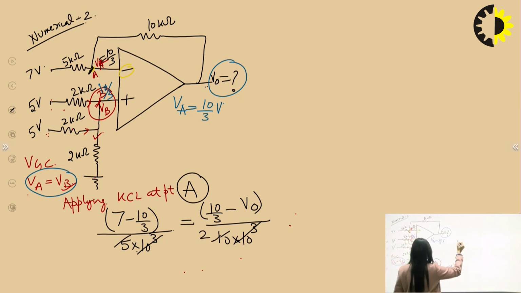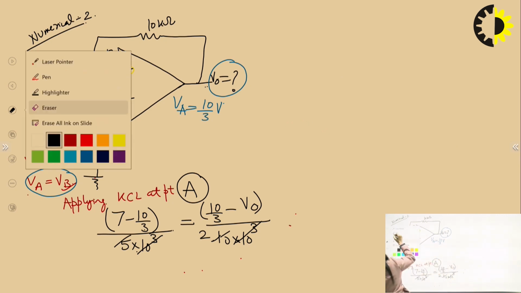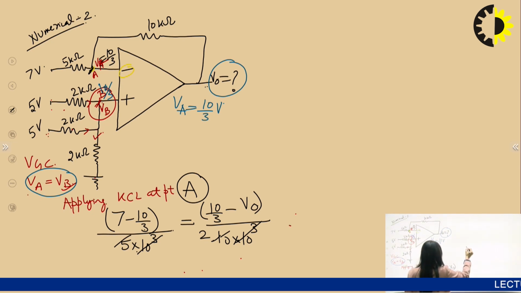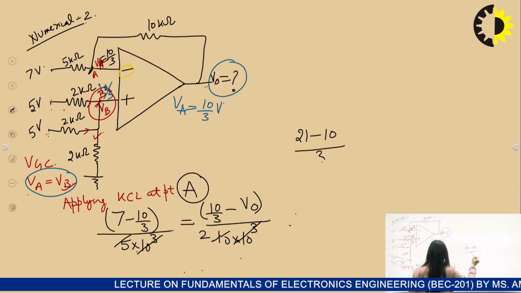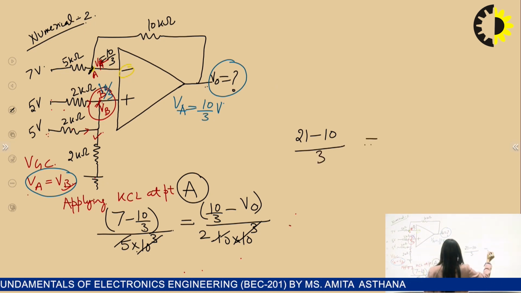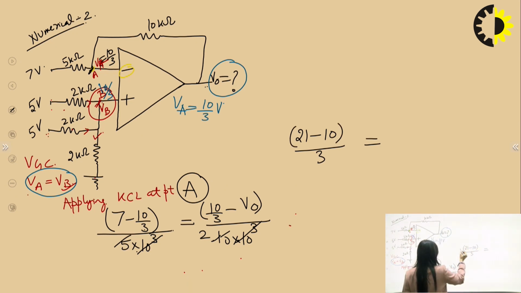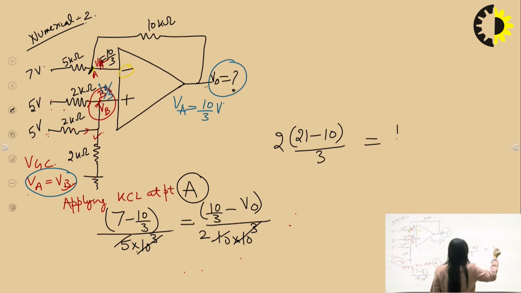So again solving this, 7 minus 10 by 3, that is 21 minus 10 upon 3, is equal to, and take this 2 here, is equal to 10 upon 3 minus VO.